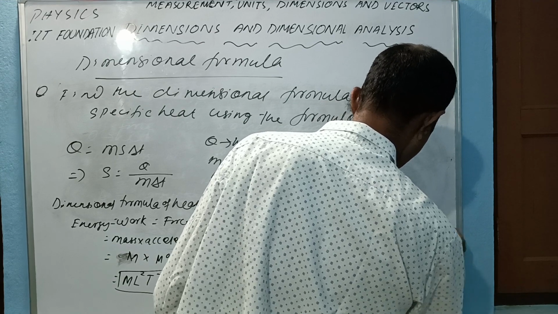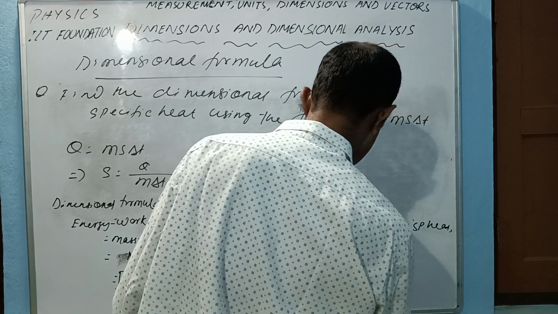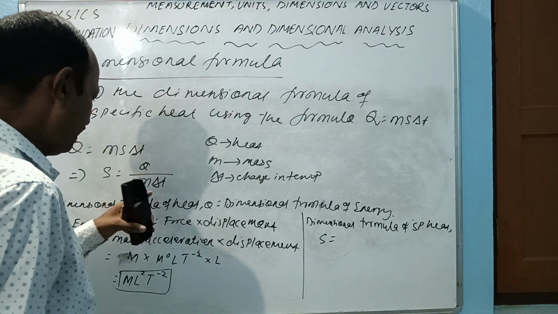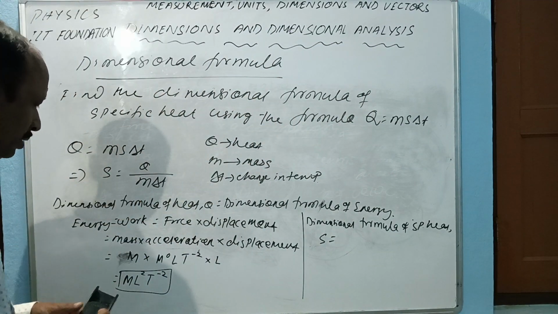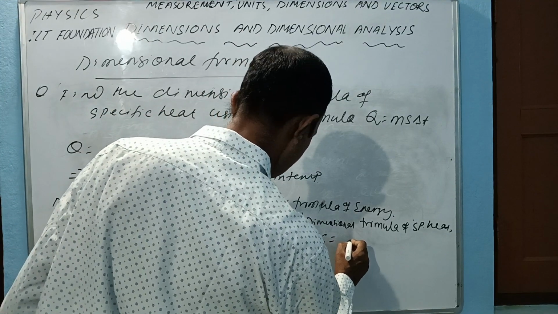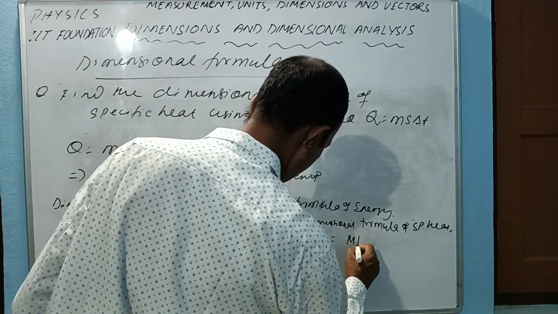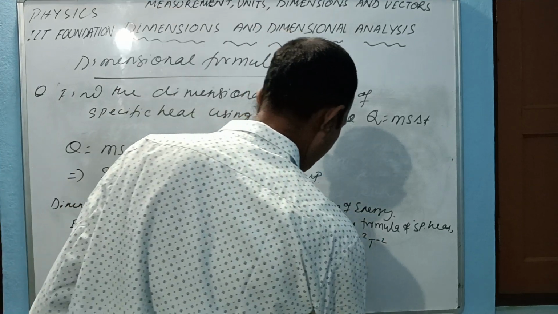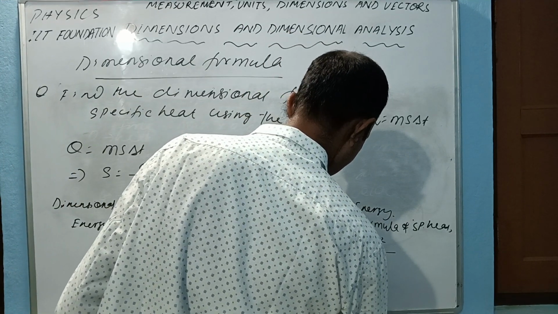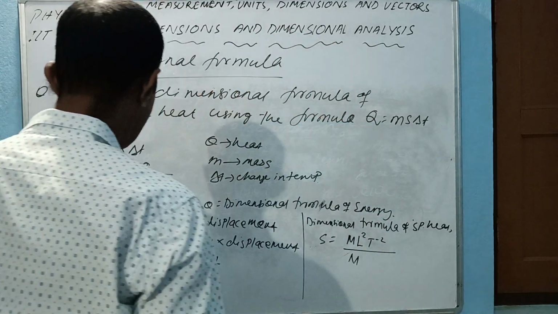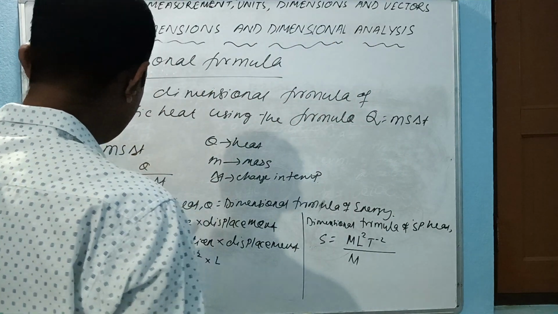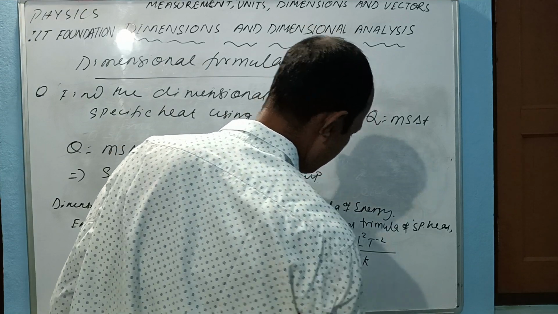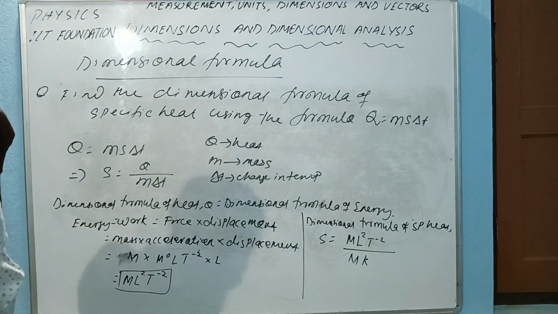Specific heat is equal to Q by m into delta T. Q is the energy. We got m L square t to the minus 2 divided by m delta T. This is K. Okay.